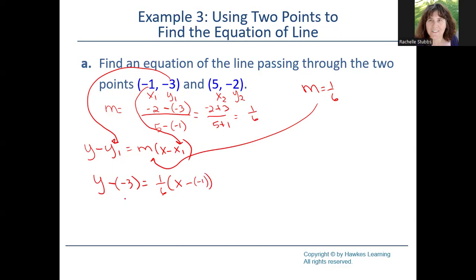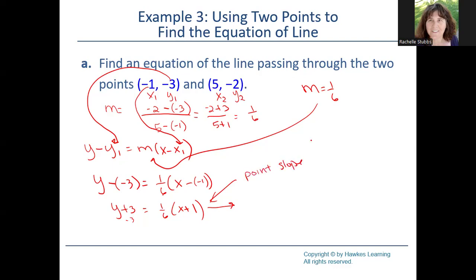And let's take care of our negatives here. So we actually have y plus 3 equals 1/6 x plus 1. And if we wanted to put that in slope intercept form, we could subtract 3 from both sides. Well, first we'd have to distribute. So this is point slope form.